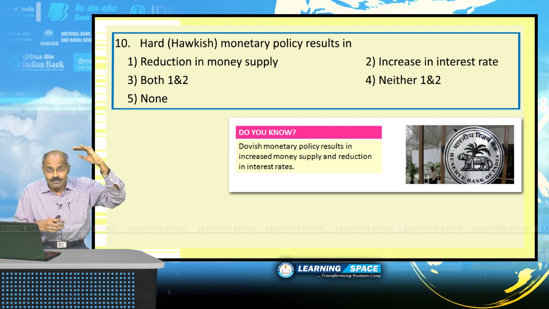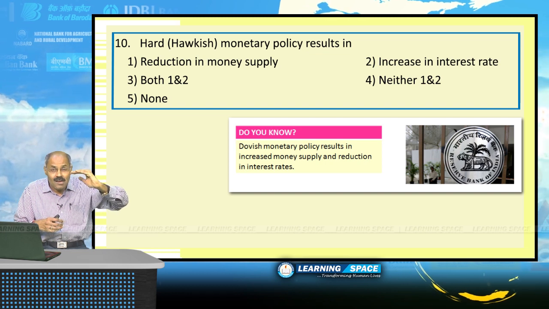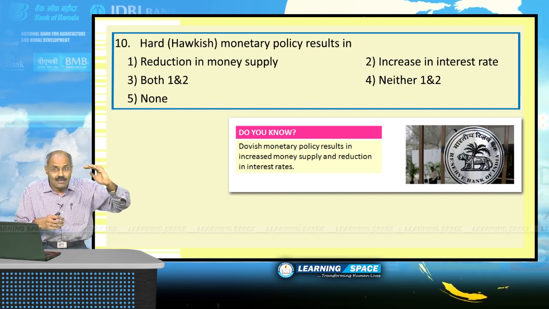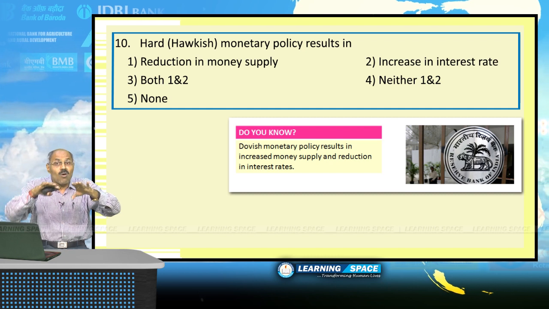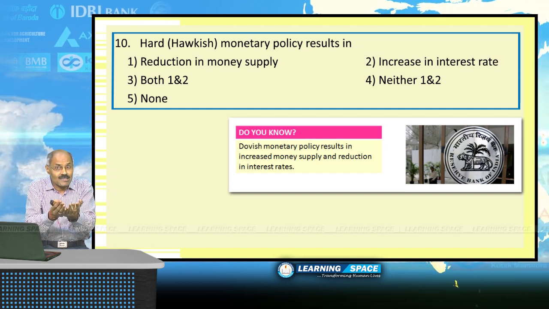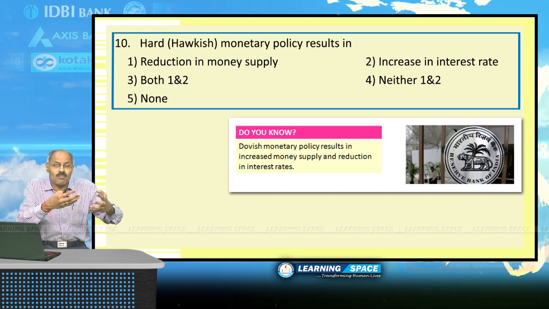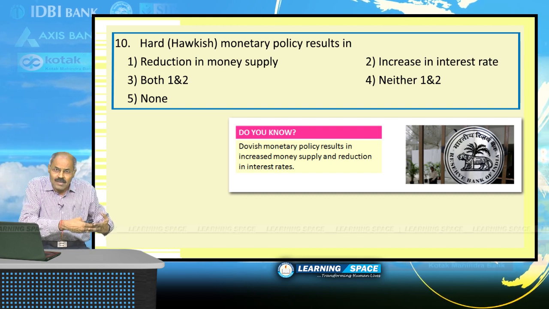Increase the repo rate, increase the CRR, increase SLR, then what will happen? The quantum of availability of money supply will be reduced, because a lot of money is held up in the form of deposits, in the form of gold, in the form of government securities.